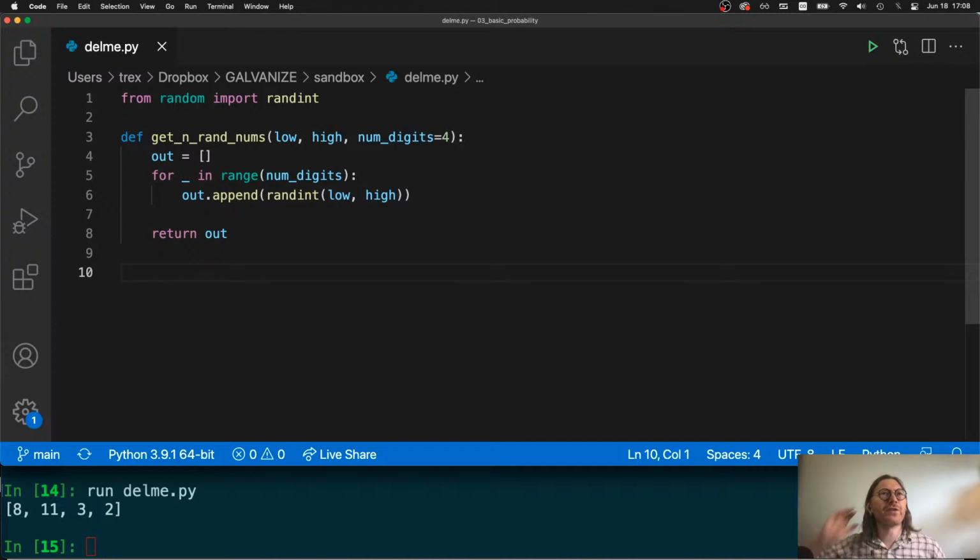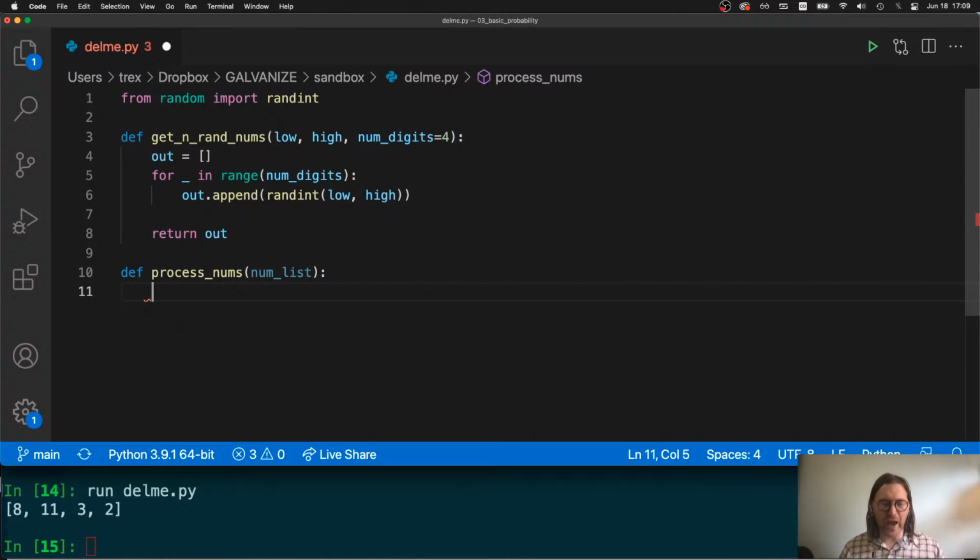Let's consider summing the even numbers and subtracting the odd numbers. Okay, yeah, let's do that. We'll call this process nums, and why don't we just pass in a num list, like what we just defined. Any even numbers, it's going to add to our sum.